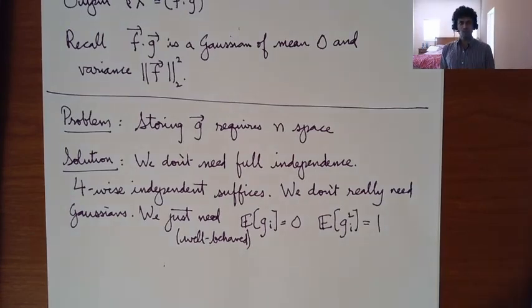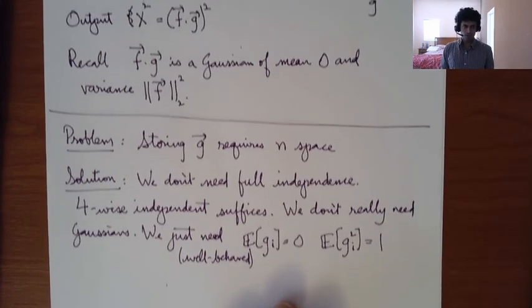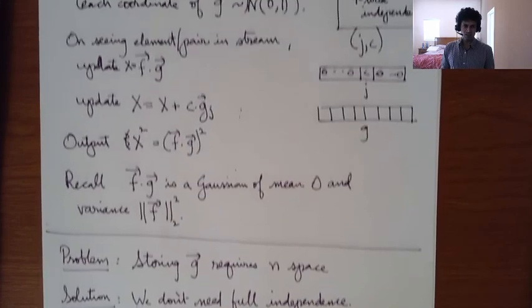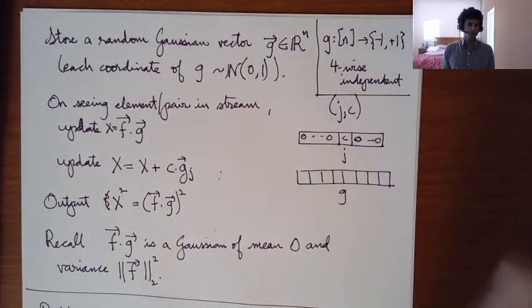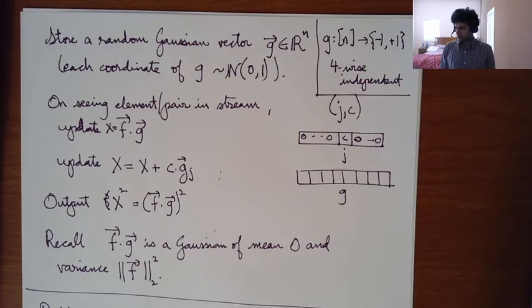Now, because I cannot afford to store Gaussians, instead you store a more convenient random variable, a ±1 Rademacher random variable. And moreover, it's going to be 4-wise independent. So this really keeps things simple. That's basically my quick description of AMS.